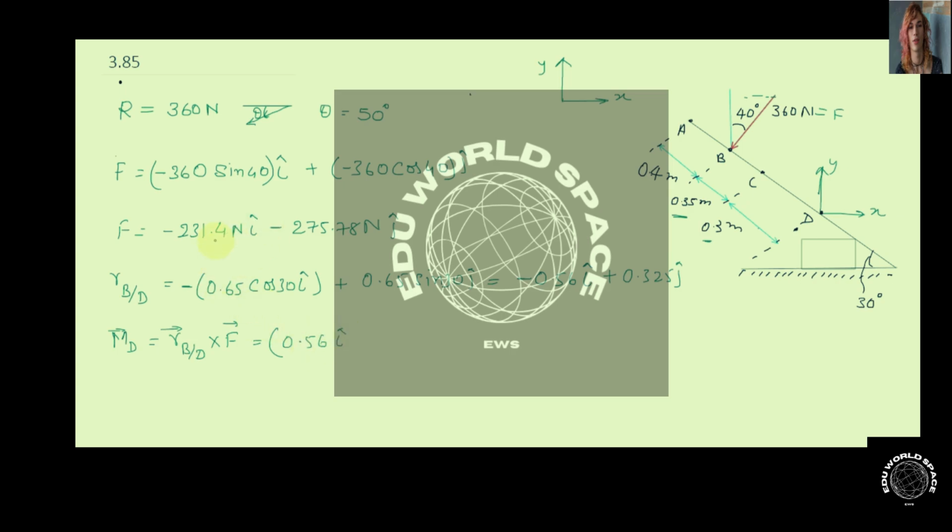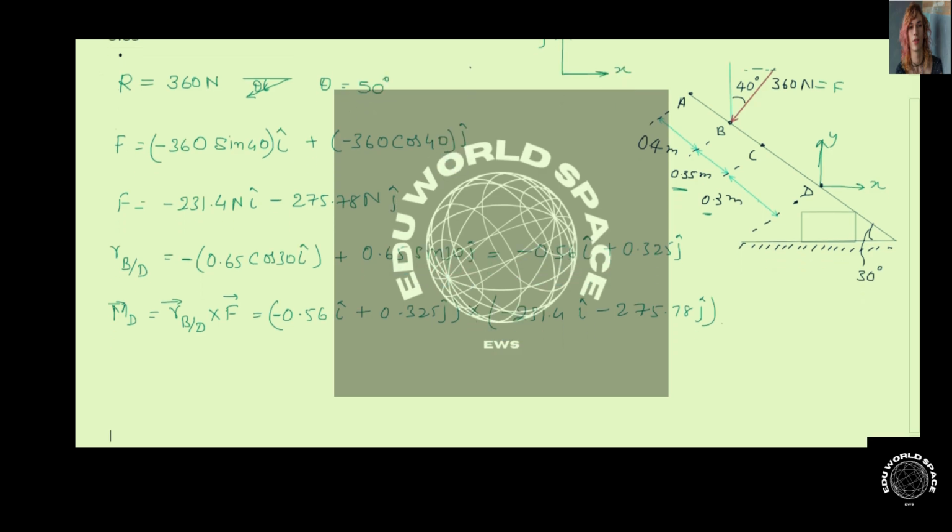This position vector is negative, so it will be minus 0.56 i cap plus 0.325 j cap, cross multiplied with minus 231.4 Newton i cap minus 275.78 Newton j cap. And now we can solve this by using the determinant method.